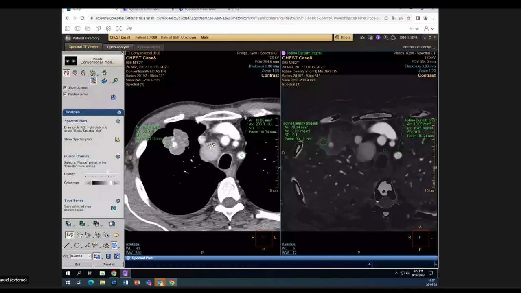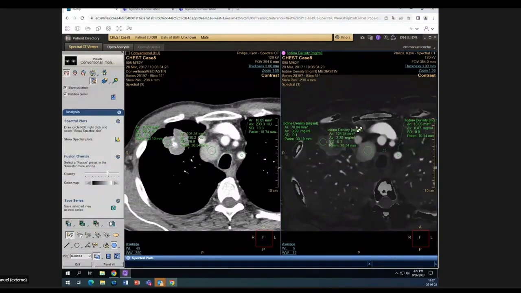If you go to the right paratracheal adenopathy, you will put a circle, and you can also measure the iodine density, and you see there is a high uptake of iodine, 3.3 iodine milligram per milliliter. So higher iodine uptake.